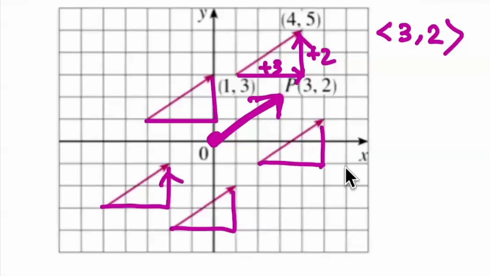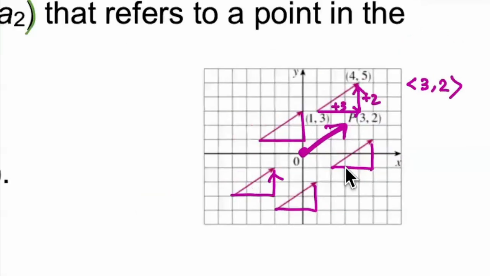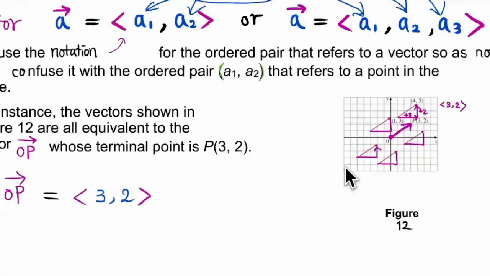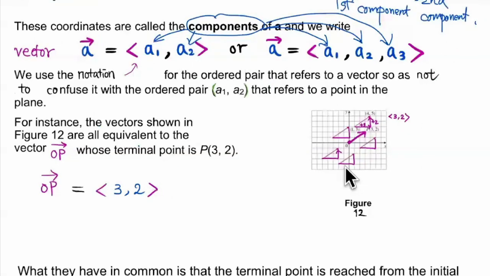Do you guys see it? So they're the same vector, 3, 2. It doesn't have to start from the origin. As I stated here, all those vectors are equivalent to this vector 3, 2.